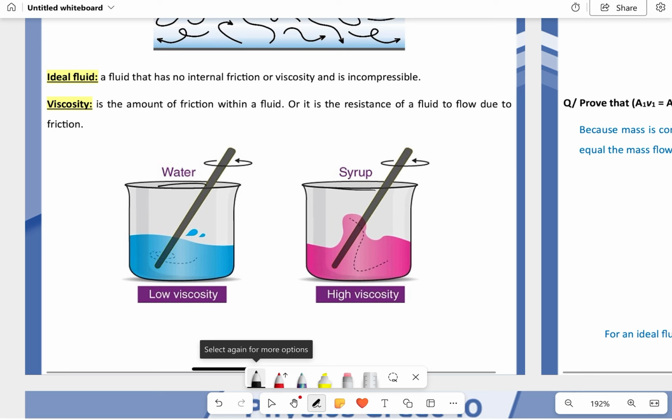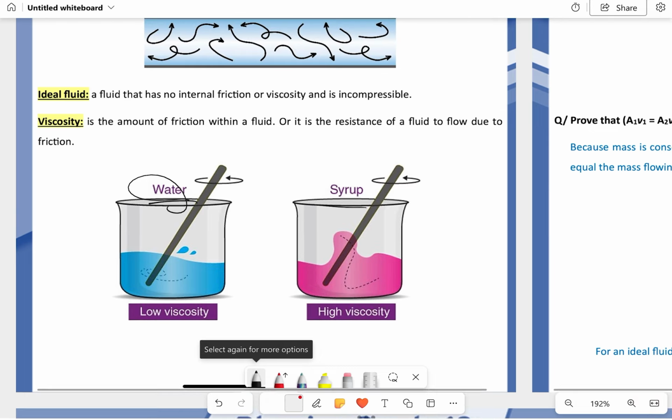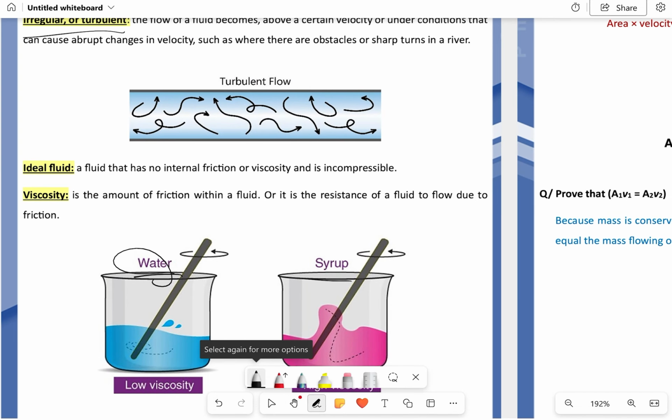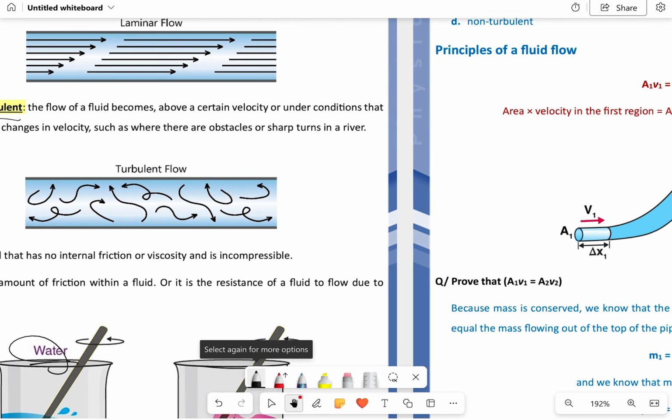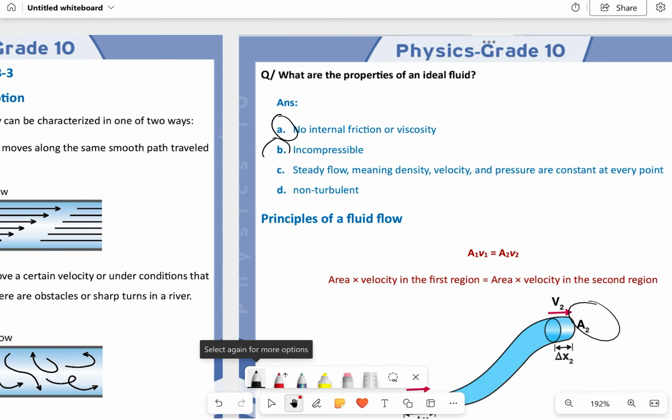Oil has a much higher viscosity, and that is why it's used in cars to decrease the friction between the components of the car. But water flows much faster due to its low viscosity. And it is due to the molecular structure of both of these substances.